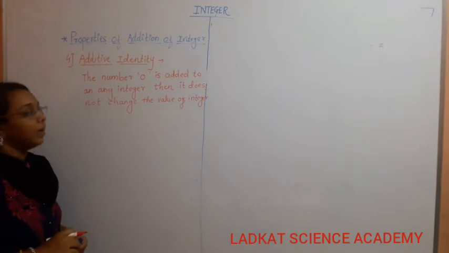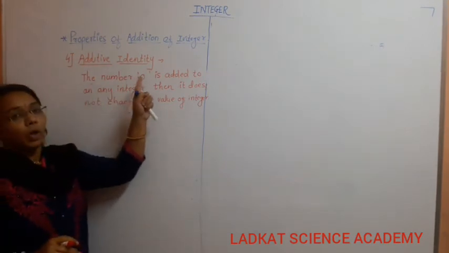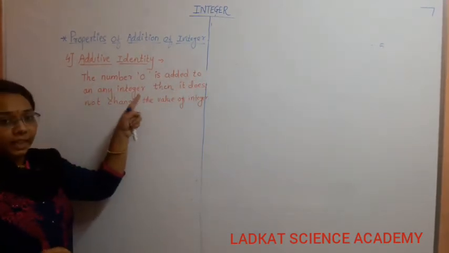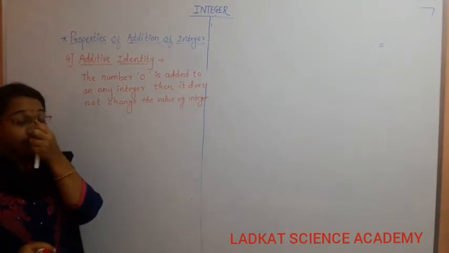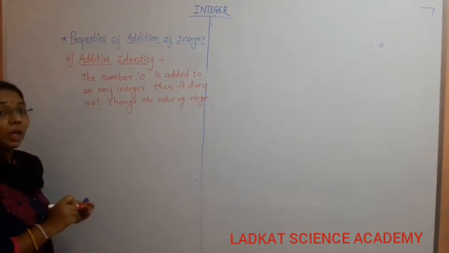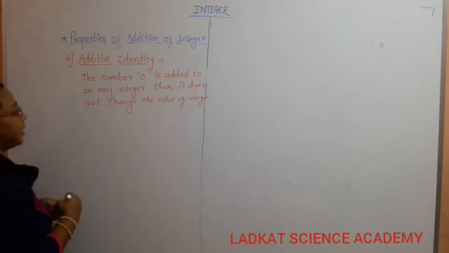What is the statement? The number 0 is added to any integer, then it does not change the value of the integer. We will see the general formula for the additive identity.